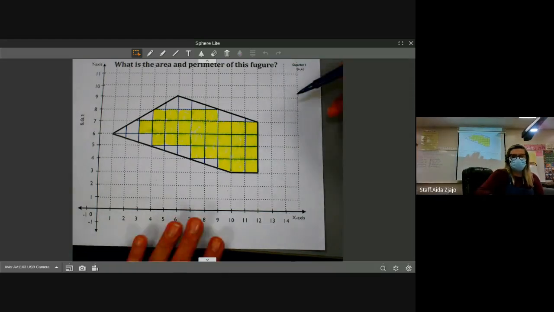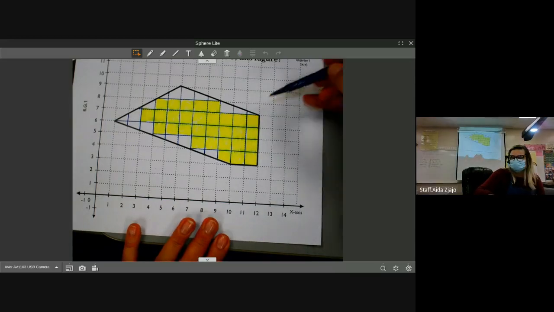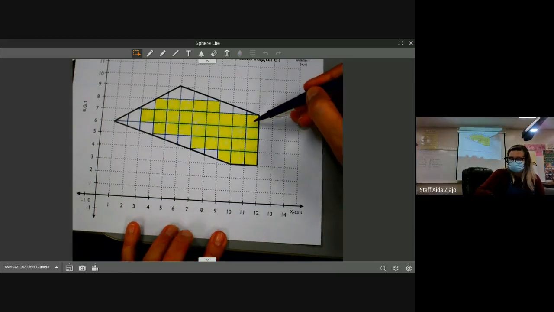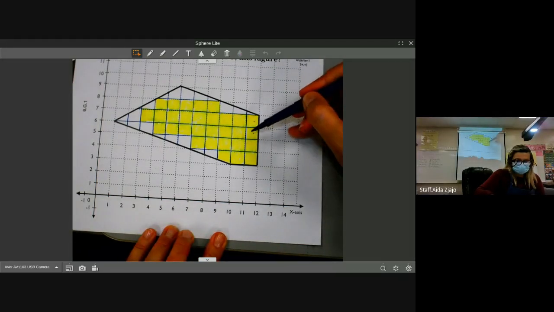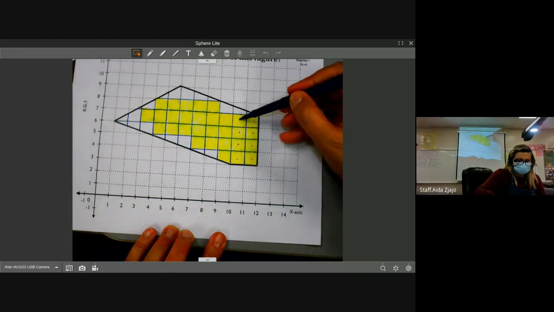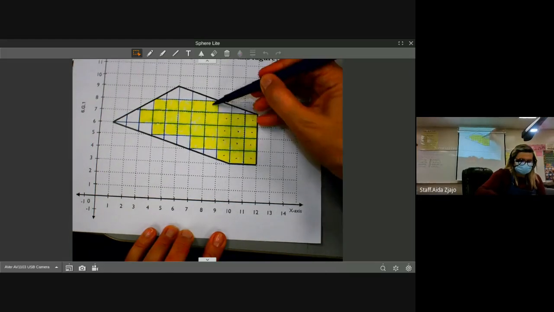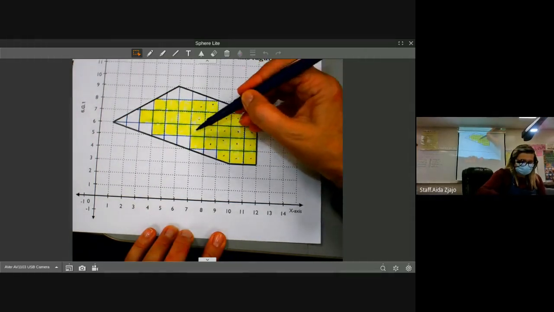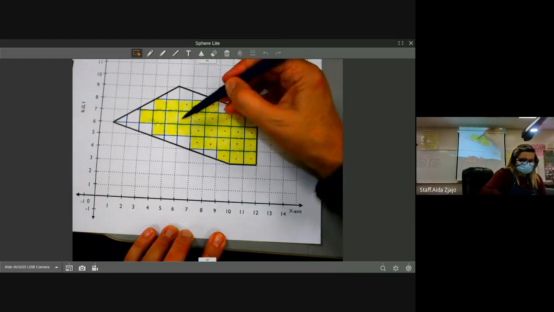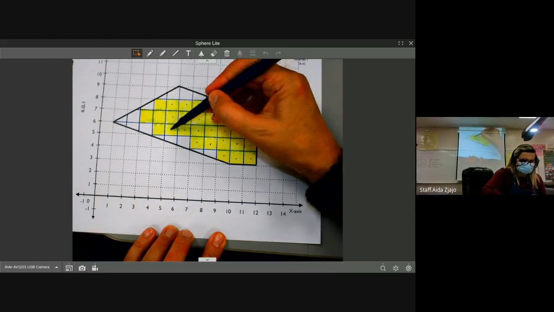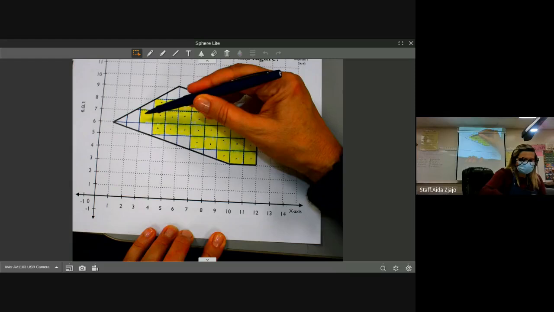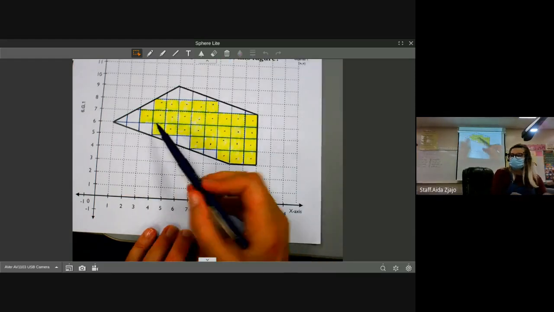Anilada, can you help me count? How many whole squares do we see now? Start from here. 1, 2, 3, 4, 5, 6, 7, 8, 9, 10, 11, 12, 13, 14, 15, 16, 17, 18, 19, 20, 21, 22, 23, 24, 25, 26, 27, 28, 29, and it looks like 30, the last one.